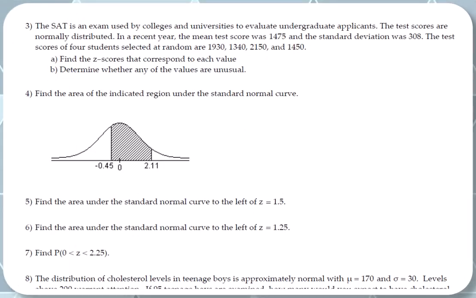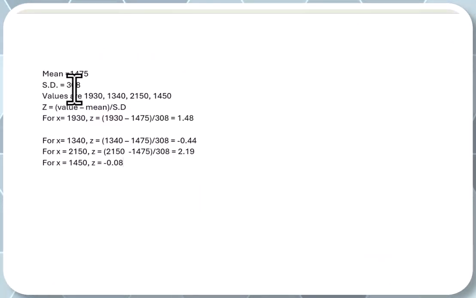Okay, number 3, the SAT is an exam used by colleges and universities to evaluate undergraduate applications. The test scores are normally distributed with a mean of 1475, standard deviation 308. The test scores for 4 students are given. Find the z-scores for each value and determine whether they are unusual. Okay, here's how we do this one. The mean is 1475, standard deviation 308. These are the values. The z is the value minus mean divided by standard deviation.